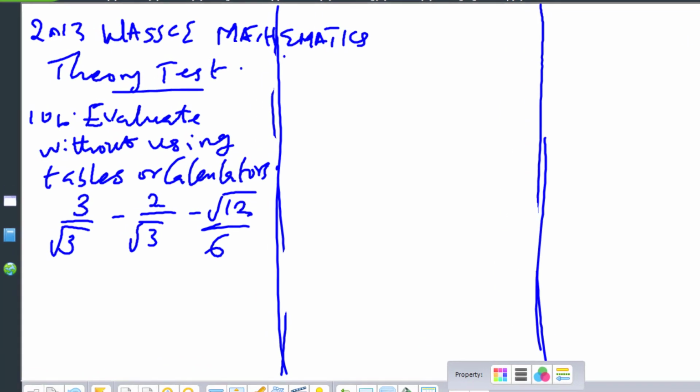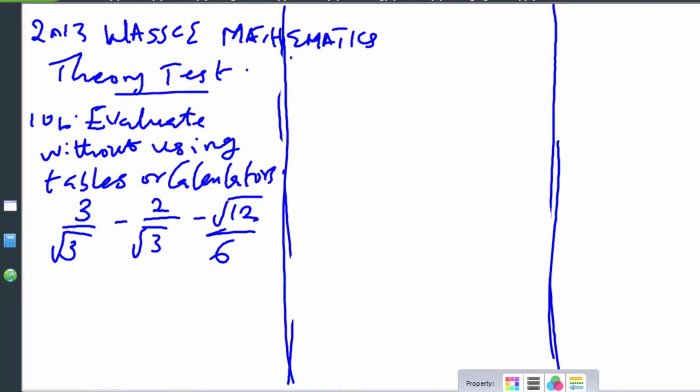So the question is 3 over root 3, minus, in brackets, 2 over root 3 minus root 12 over 6. So we have to evaluate this further and then solve accordingly. Let's move on with this.